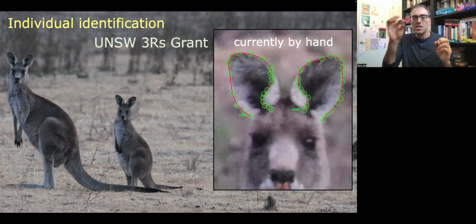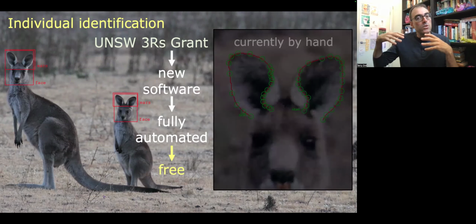Now, I mentioned that we're using this package to trace the inner ear. It's a huge amount of work, and thanks to Nora, we've got lots of data on it. But if we can't identify those individuals, all the stuff that I've just been talking about just goes out the window. So you need to have individual recognition here. This grant we're also using to work with computer scientists to create a new software package that's reliant on AI that we can feed in these photographs without any processing, and it will tell us who is who.